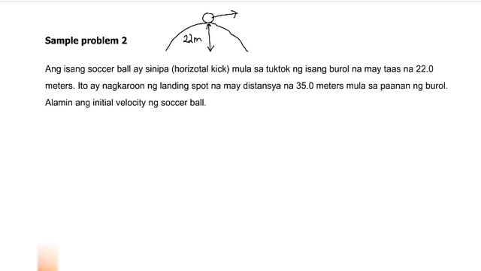Alamin ang initial velocity ng soccer ball. Okay. So, let's draw a trajectory. Okay, that's our illustration.